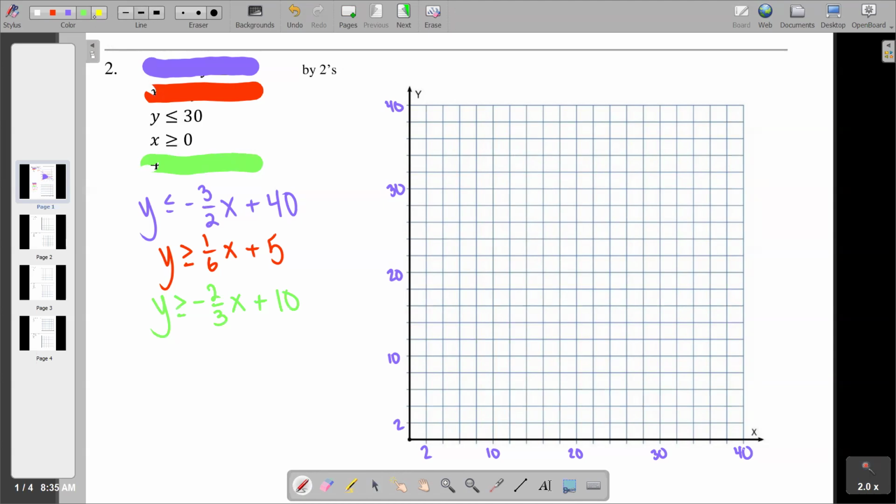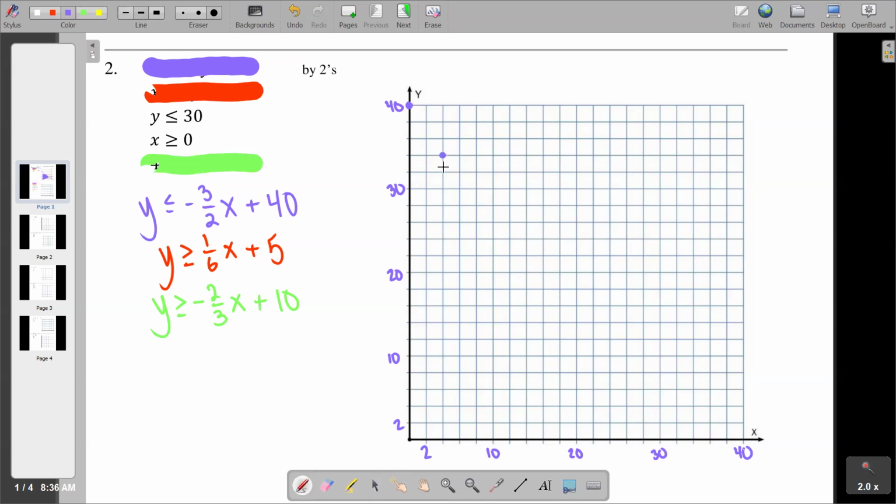Okay, so let's start with the purple one. So where do we start? Up 40. And then the slope, since we scaled our axes the same, we can count it just like a normal line. Down 3, right 2, it's going to work just fine. So 1, 2, 3, 1, 2. I mean, we're actually going down 6, right 4, according to the scale.